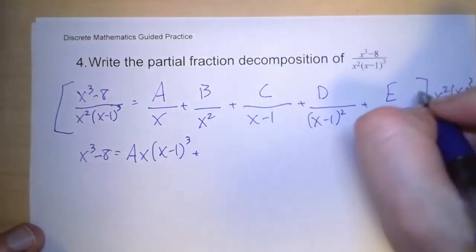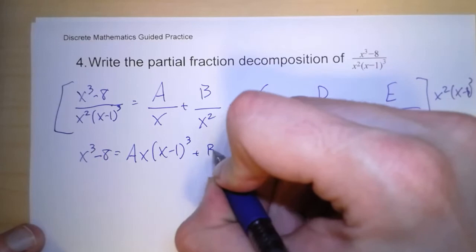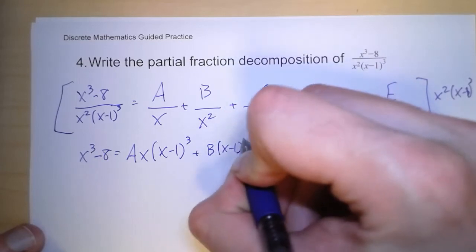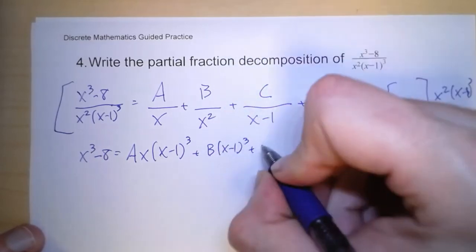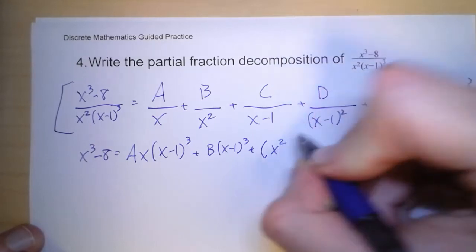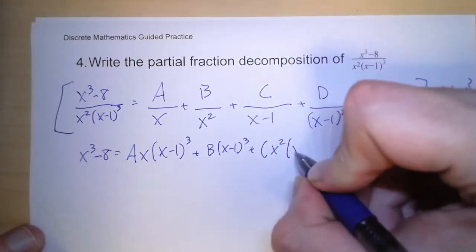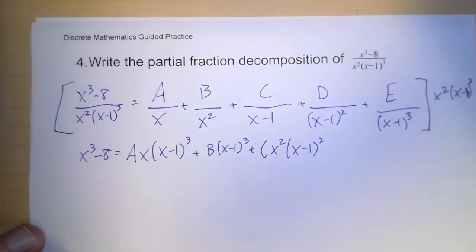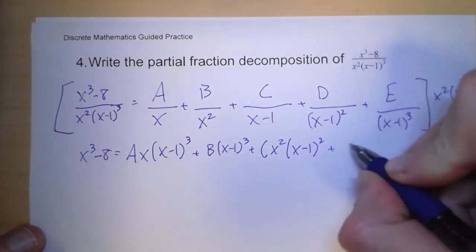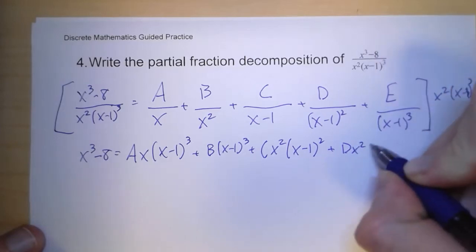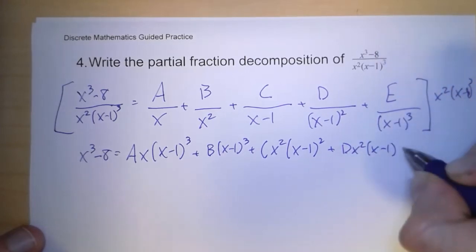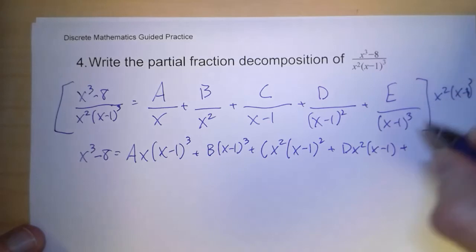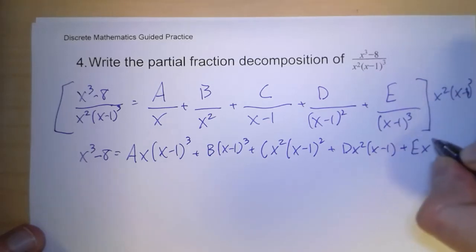Here, both of the x squareds will cancel, so we have b times x minus 1 cubed. Here, we have both x squareds, we have both x's, and we have 2 x minus 1 squared. Here, we're going to have x squared times x minus 1. And then here, all 3 x minus 1's cancel, so all we're left with is x squared.